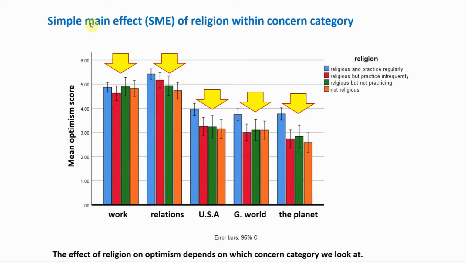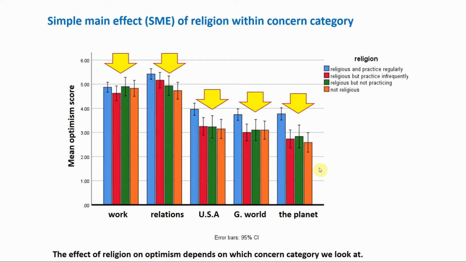Okay, so that would be the simple main effect of religion within concern category. And again, you'd be able to show that the differences between the religious groups really does depend on whether you're looking at the work concern, relationships, USA, global world, or the planet.